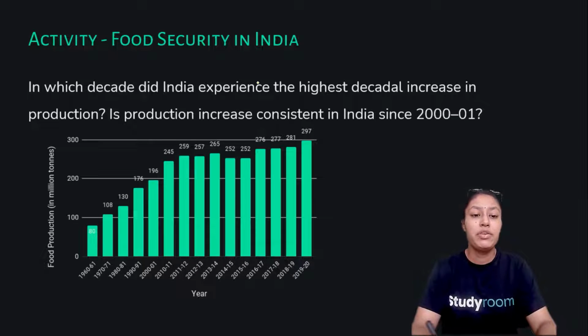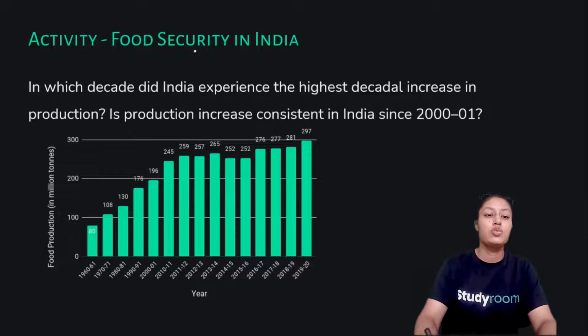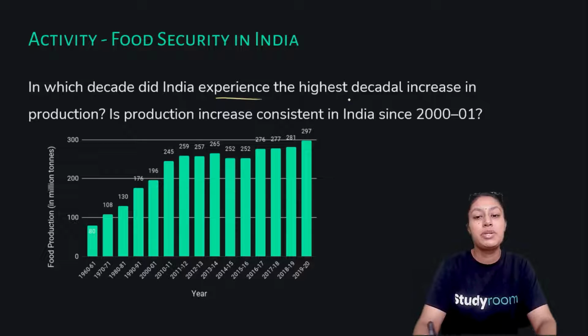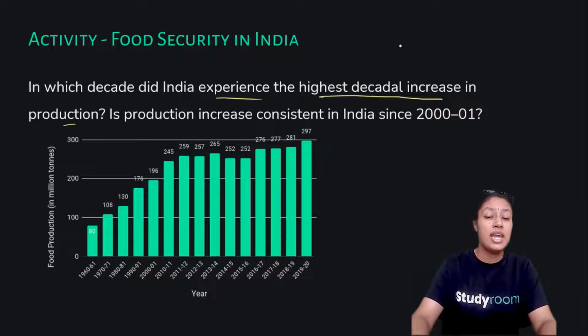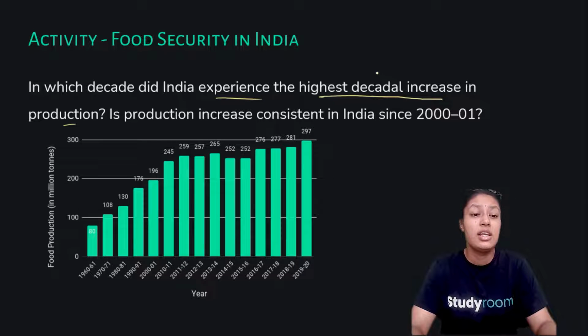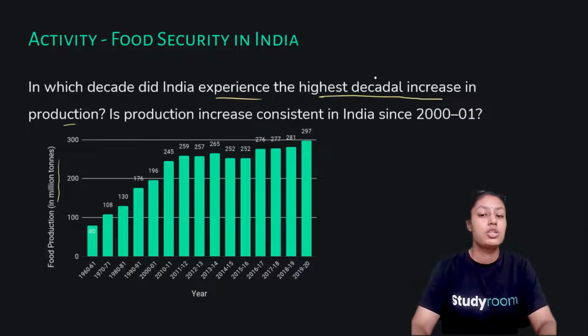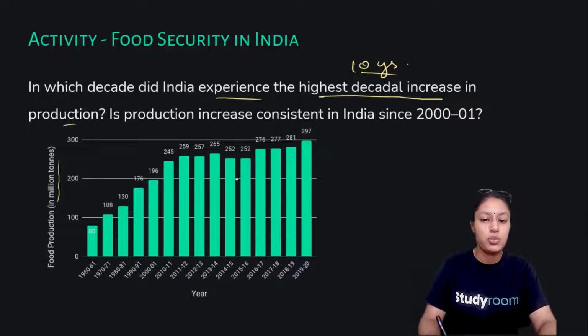Now, here is an activity for you. The data has been given to you. You'll have to answer the following questions. First one is, in which decade did India experience the highest decadal increase in production? Here you have food production given in million tons. Decadal means 10 years. So let's find out. We see the graph being high over here and a little low from here.